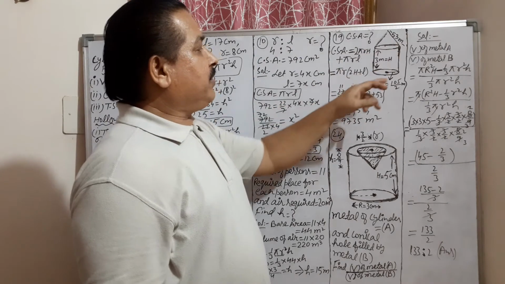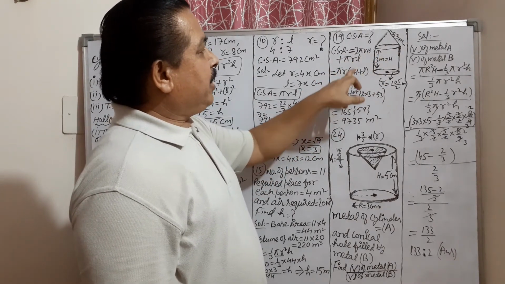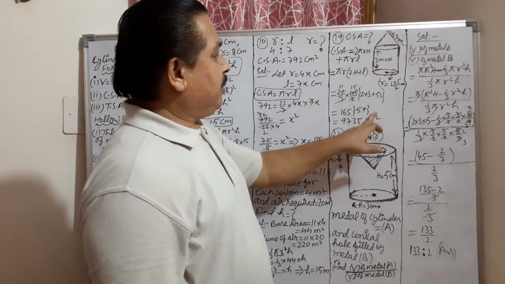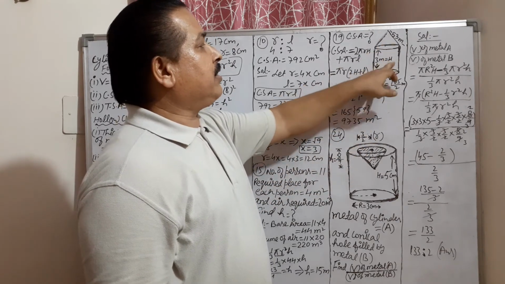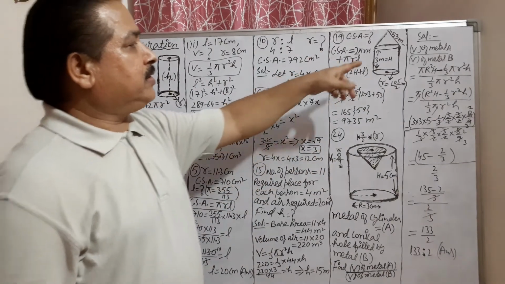Add both the curved surfaces, then the total surface area will come out. Now take pi r common here and put all the values. Values are given here. So 9735 meter square is the total surface area of this tent from outside.